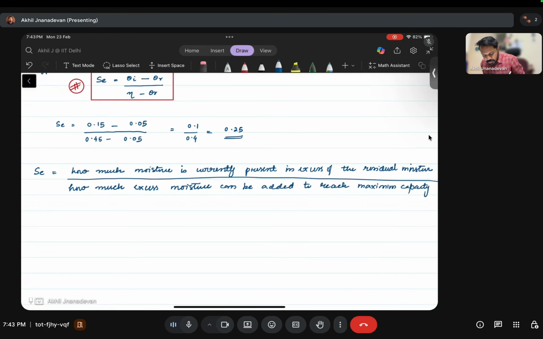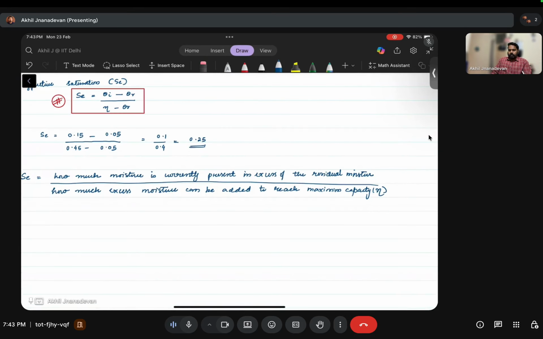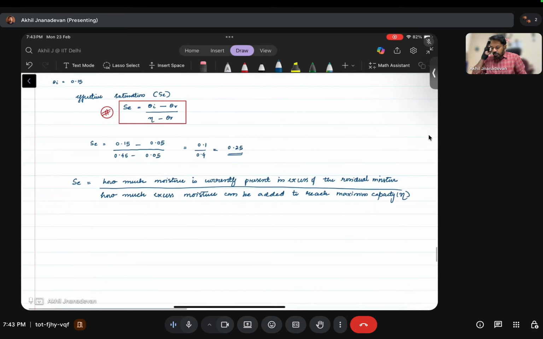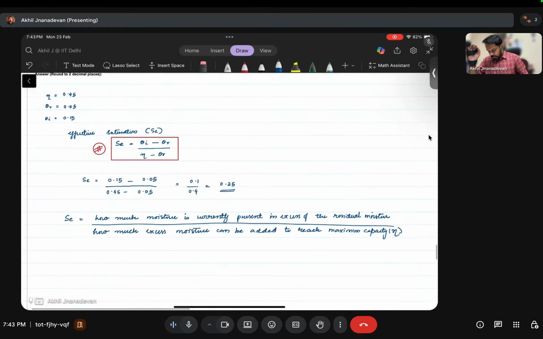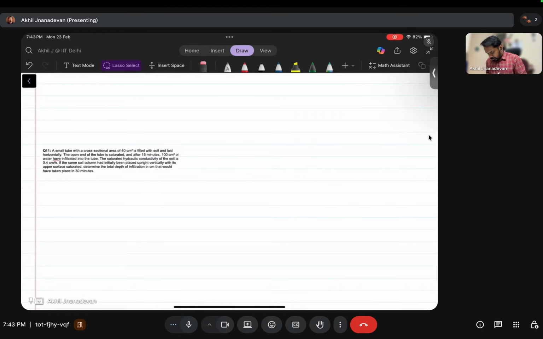So maximum capacity is nothing but eta, the porosity. So how much excess can be added? Initially there will already be residual moisture content. How much more can be added? Okay. So remember it in this way. So we can move on to the next question.